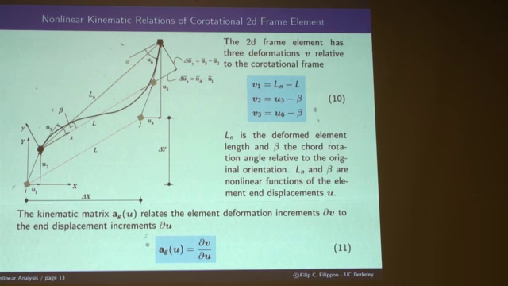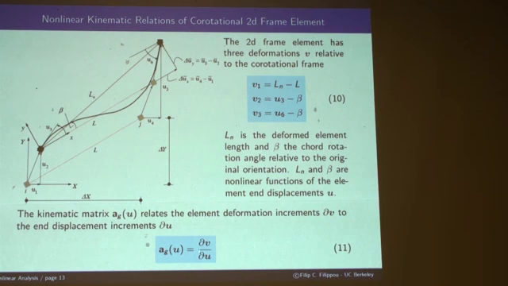In any case, what is interesting about the kinematic matrix AG, starting from here, is that it appears as the derivative of these deformations with respect to the displacement. By the way, inside Ln hide u1 minus u4, u3, u5, because the change of length is, by Pythagoras, the square root of the sum of the squares. So the translations are involved. These displacements are all hiding here. And here are only hiding the two rotations of the nodes. So all the 6 displacements are included in here.